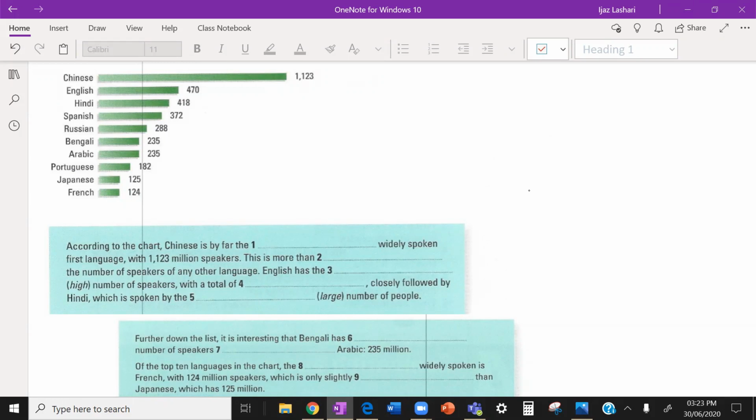Okay, I'll give you like 2 or 3 minutes. I want you to work on this and find out from 1 to 9 what can be written in these gaps, and then we can check the answer.